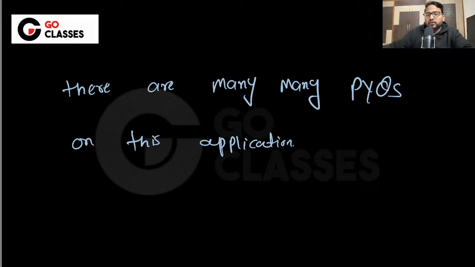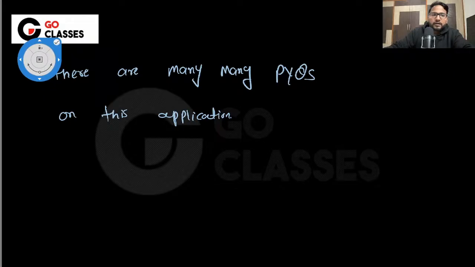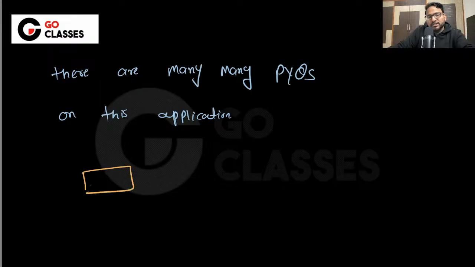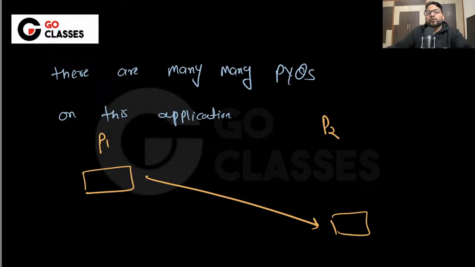If you want to ensure that, in a process, this particular statement P1 should happen, and then only this particular statement of some other process should happen, then you can use the binary semaphore to make sure that this order is preserved. So here you will apply P, here you will apply V.